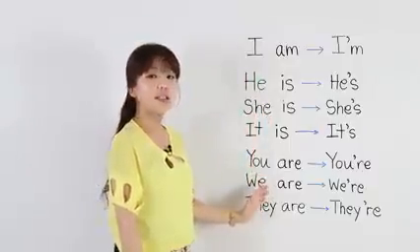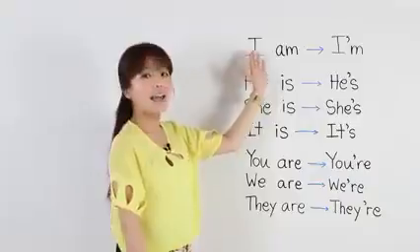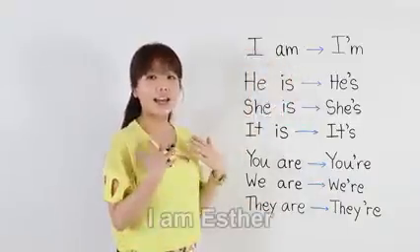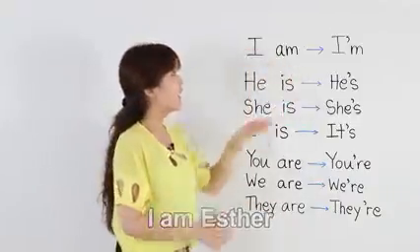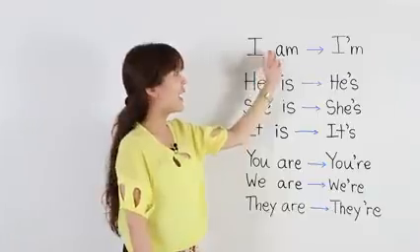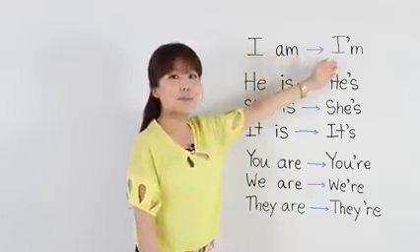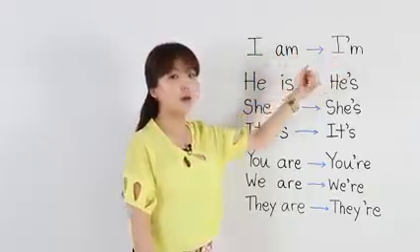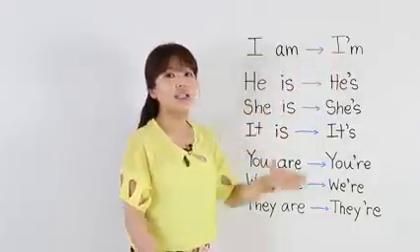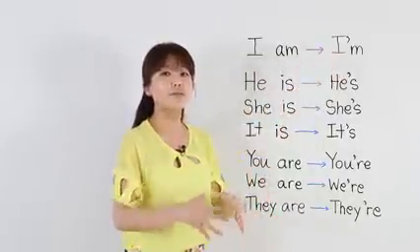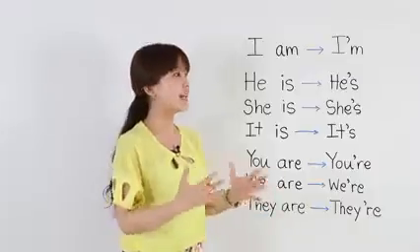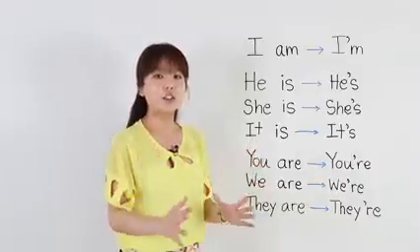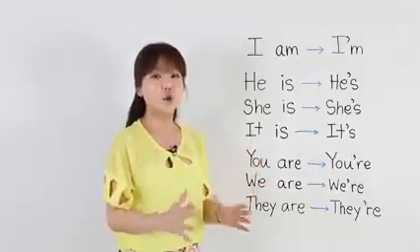Okay, so let's look at the first one, I am. I am Esther. The contraction for I am is I'm. Now, a contraction is a more common way of saying subjective pronouns and their be verbs. It's faster and quicker and shorter.